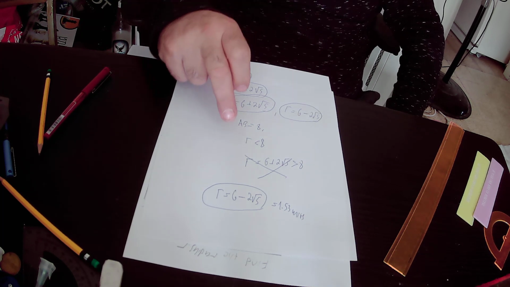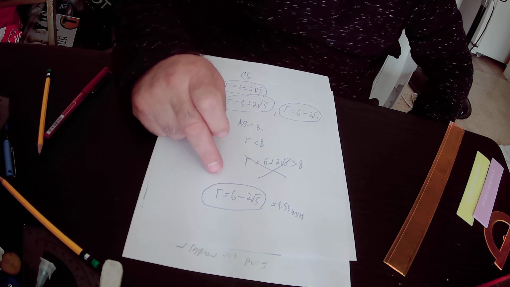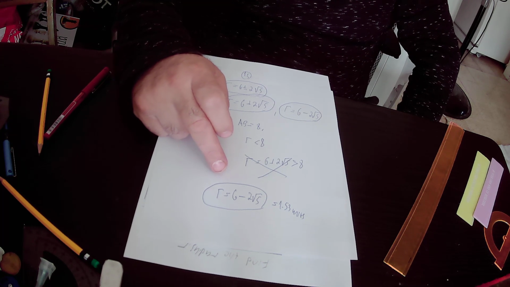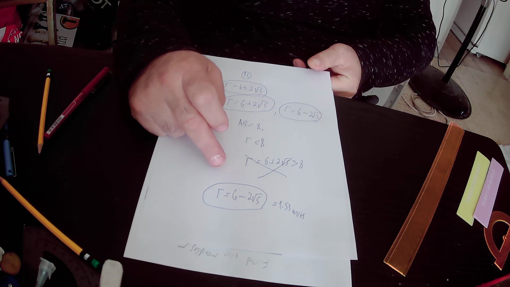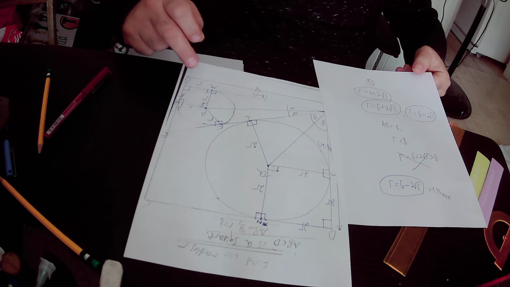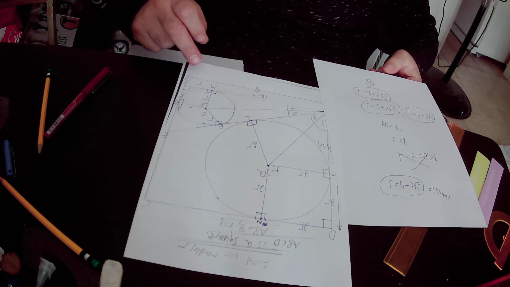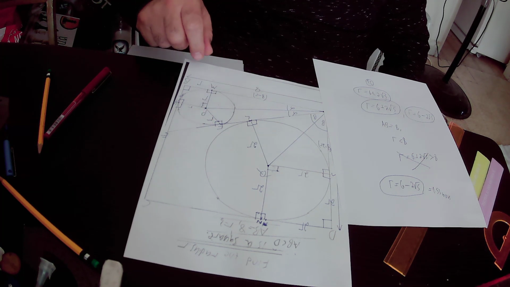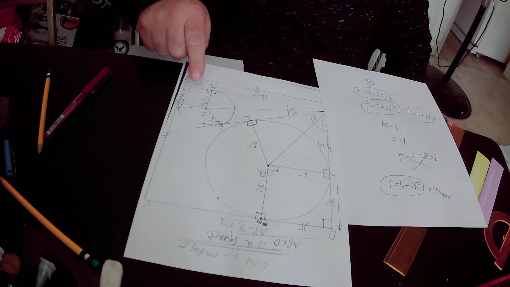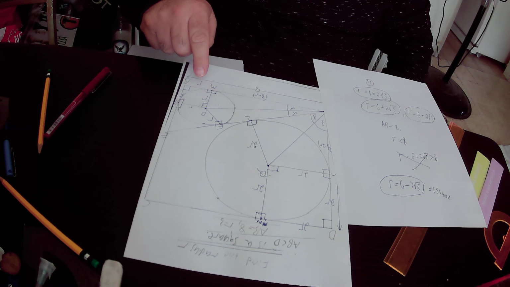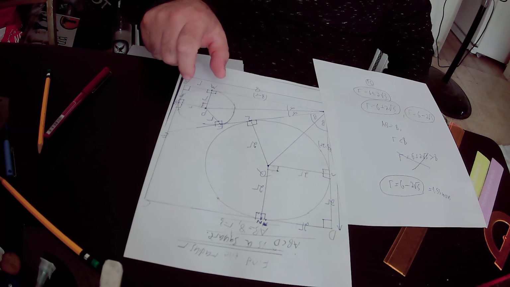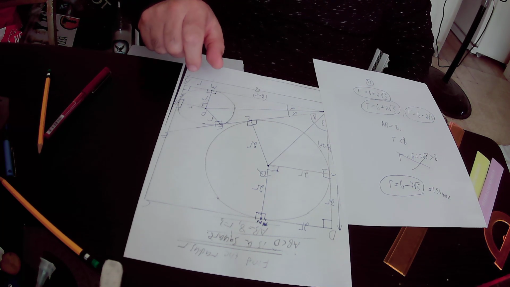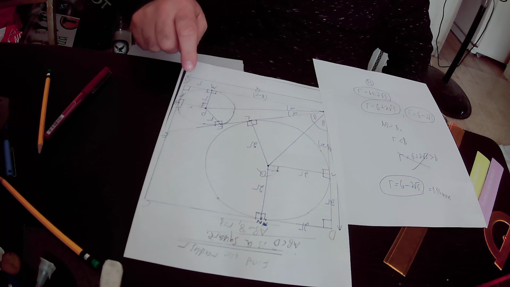So the only answer that is left is that the radius of the small circle equals 6 minus 2 times root 5 units, or in terms of numbers, the radius of this small circle equals 1.53 units.